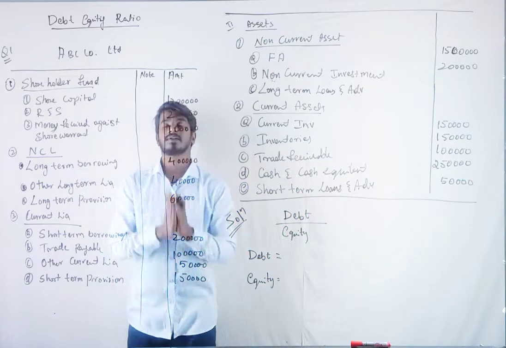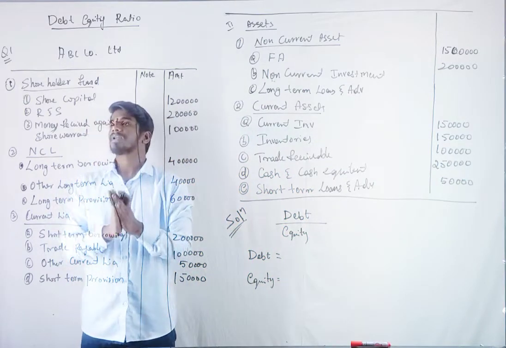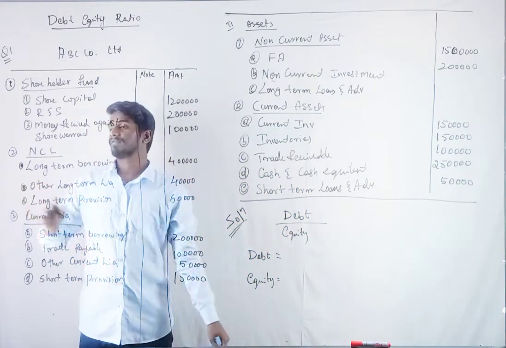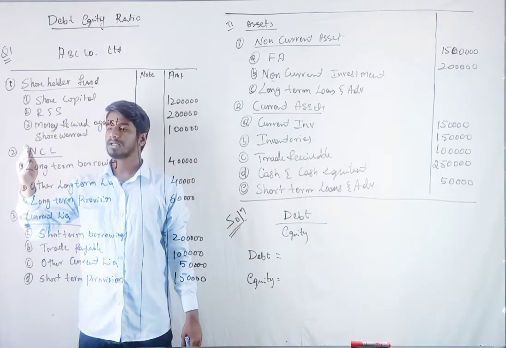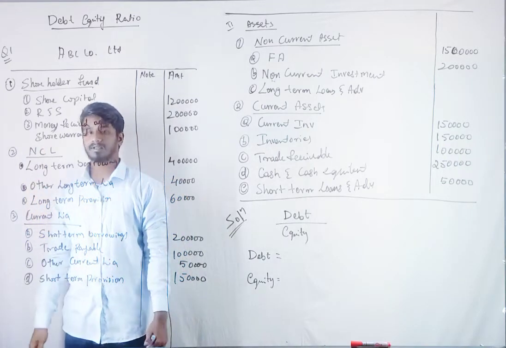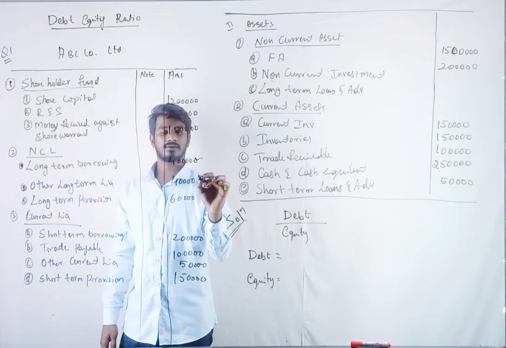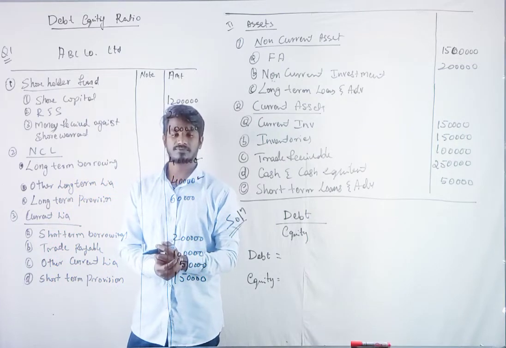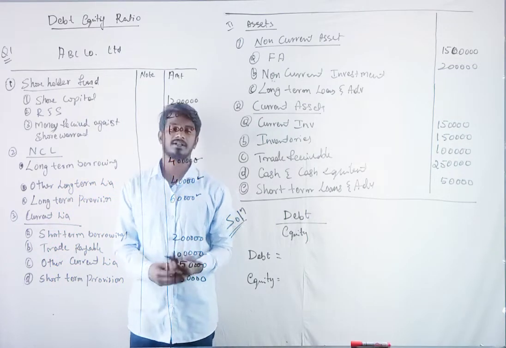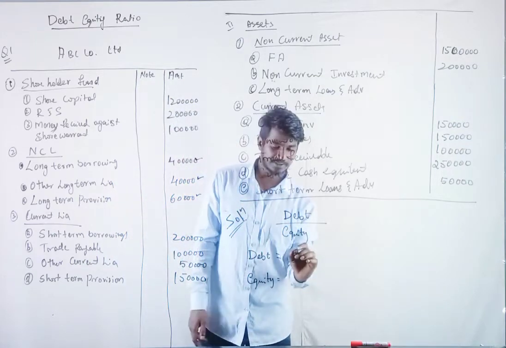Let us see the debt first. Non-current liability will be the debt. How much? 4 lakh plus 40,000 plus 60,000. 5 lakh it is.